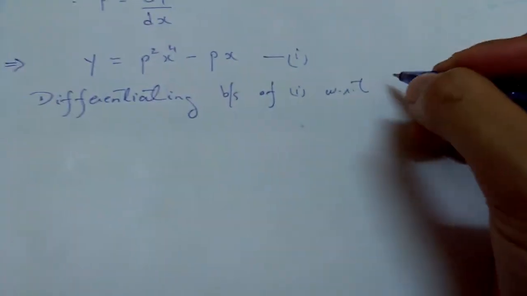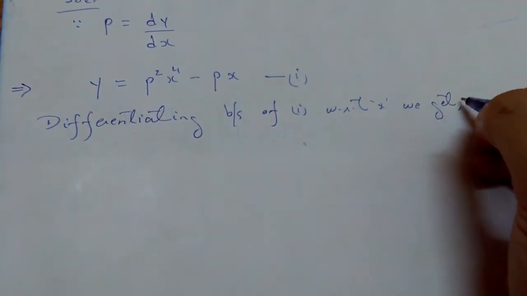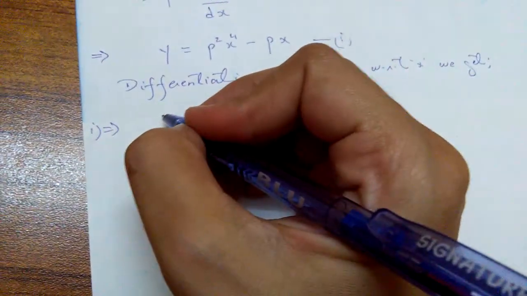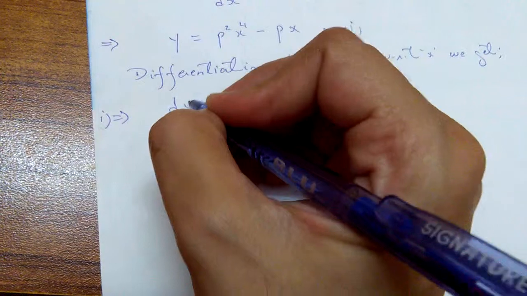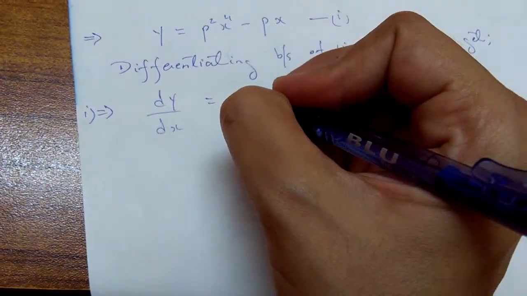We get, all right, this is it. Give the reference of equation number 1, and we are differentiating both sides with respect to x nicely.